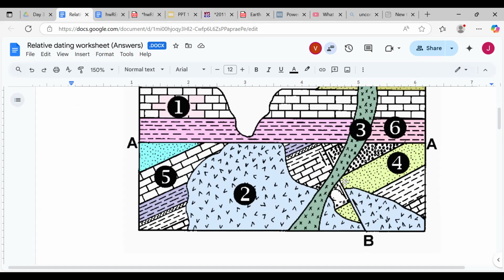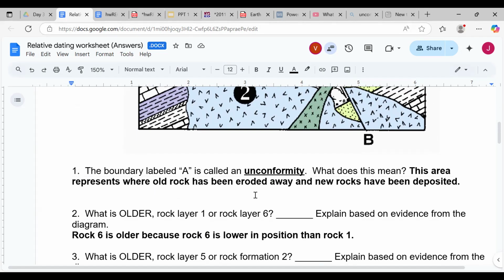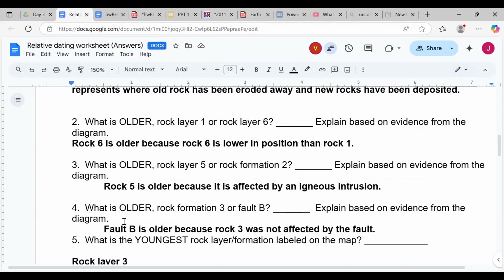Is this fault splitting up Rock 3, the way it did Rock 4? It did not. So therefore, the fault happened first, and then Rock 3 was formed on top of it. So for number 4, Fault B is older because Rock 3 was not affected by the fault.